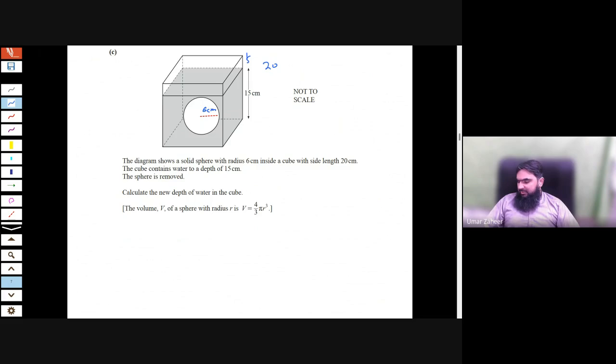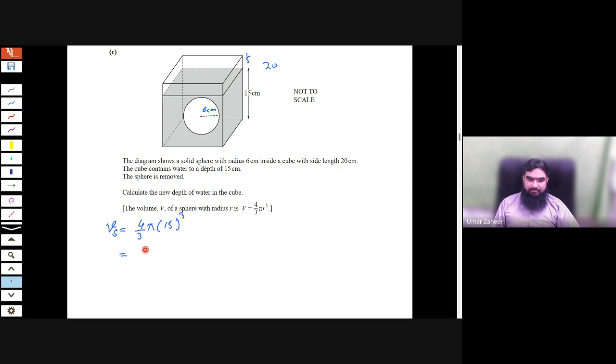So first of all, we need to find the volume of the sphere, and after that we are going to subtract it, and then find the height. First of all, the volume of a sphere is equal to 4 by 3 pi r cubed.